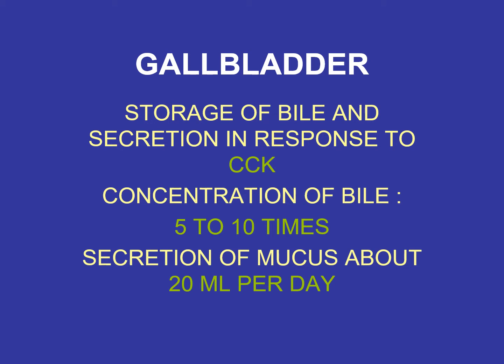The bile is normally concentrated about 5 to 10 times, and there is also secretion of mucus, about 20 milliliters per day, which is added to it. The function of the mucus is to protect the wall of the gallbladder from the digestive action of the bile salts.